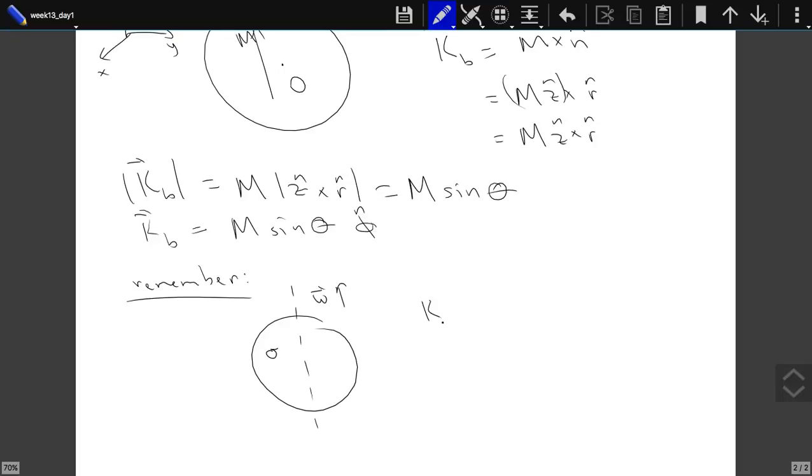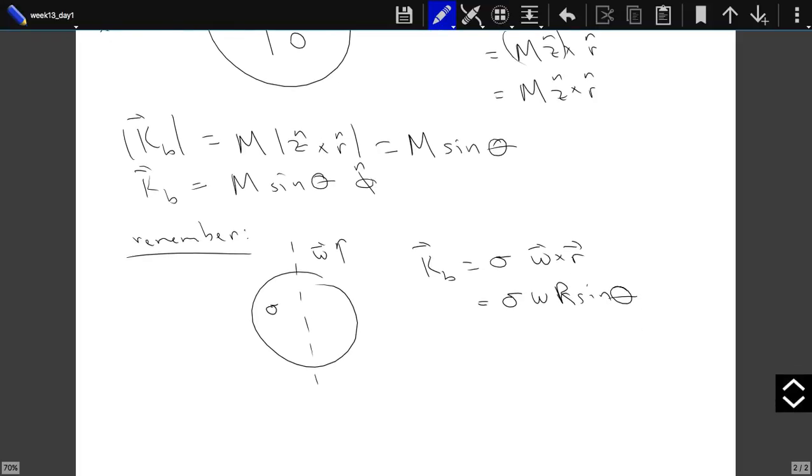And now we said that the surface current density is just sigma omega cross r, which is nothing but sigma omega r sine theta. Well, r is the radius of the sphere. So just pick up our previous solution, and instead of sigma omega r, you just put the magnetization, and we know the answer.